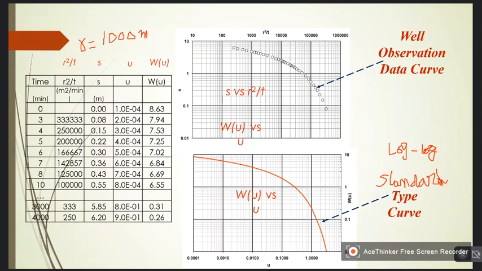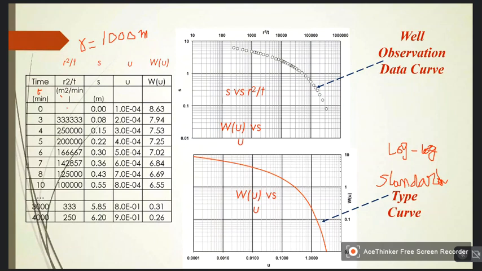So R square by T, this is T. This is R square by T in meter square per minute.